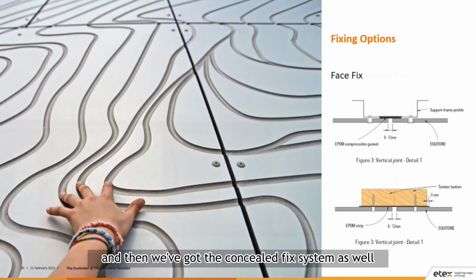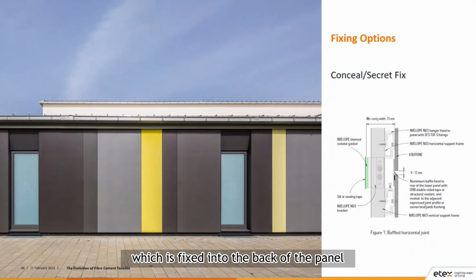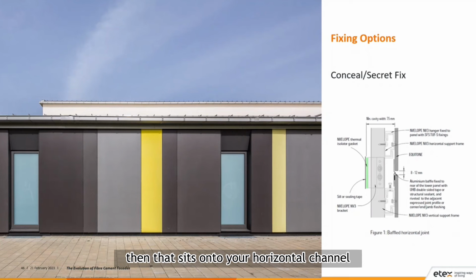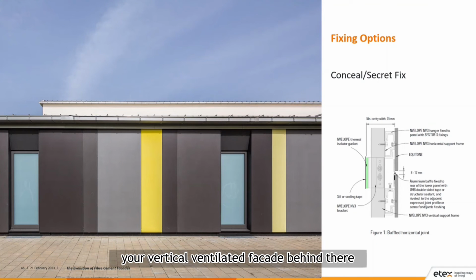And then we've got the concealed fix system as well. With the concealed fix system, you have got a hanger bracket, which is fixed into the back of the panel with an expanding rivet. That sits onto your horizontal channel, so it interlocks with your horizontal channel, which sits onto your vertical framing. So you still have your vertical ventilated facade behind there, and you've got the secret fix of the panels.